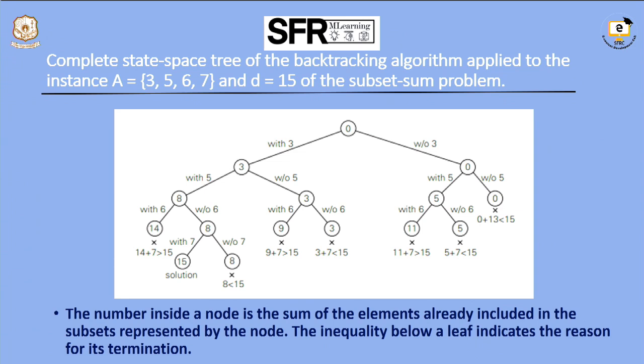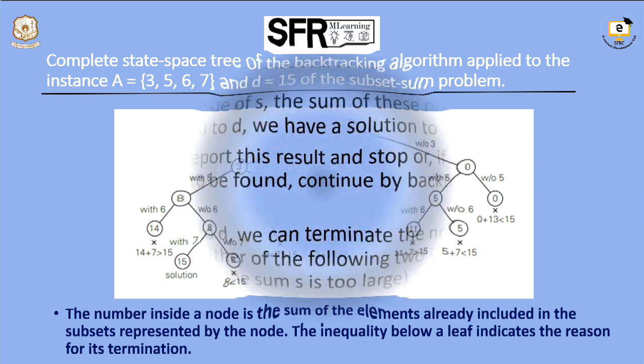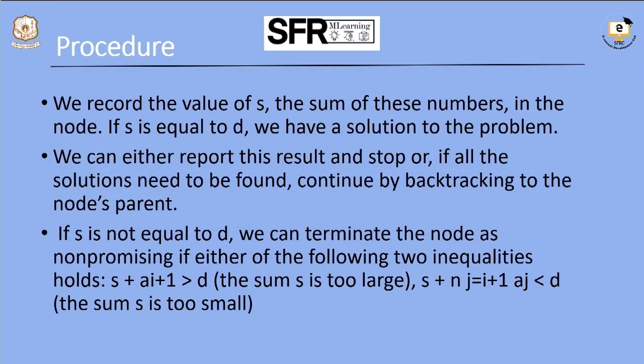So backtracking is needed wherever we have a non-promising node. Whenever we have a promising node, we will continue until we reach the solution, which is equal to the sum of the target. So we have now seen the procedure for performing this sum of subsets.